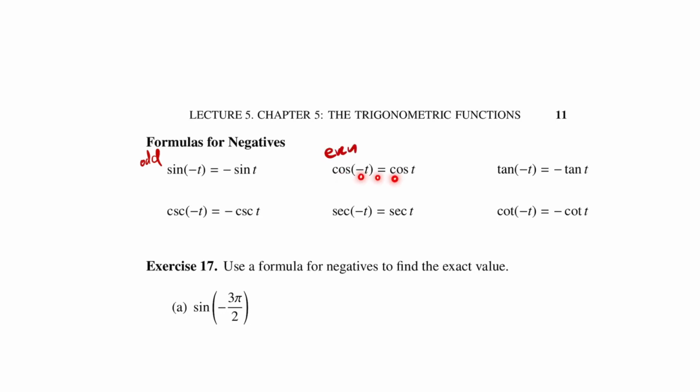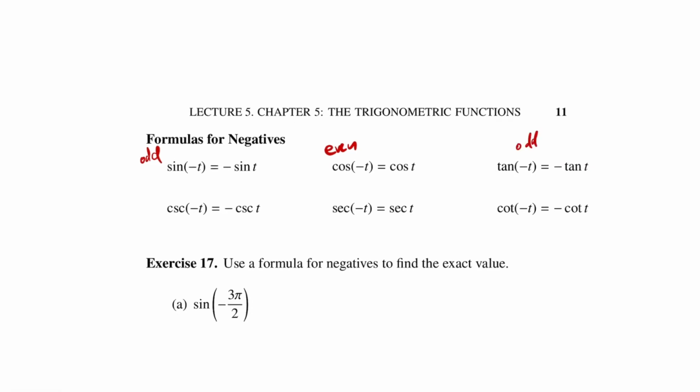And tangent, since tangent is sine over cos, and sine would be negative, then that means this has to be negative as well, so this is also odd. And then these are going to be similar to the reciprocal, so odd, even, odd. So we can apply them in these situations.